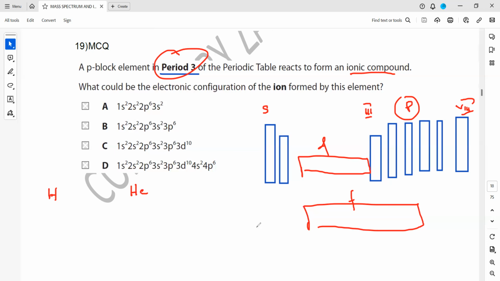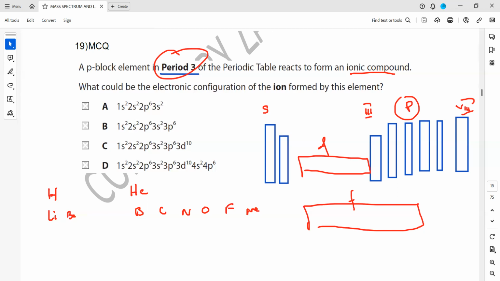For example, in the first shell you will have hydrogen and helium. In the second period, you will have lithium, then beryllium, then boron, which is 5, carbon, nitrogen, oxygen, fluorine, neon.